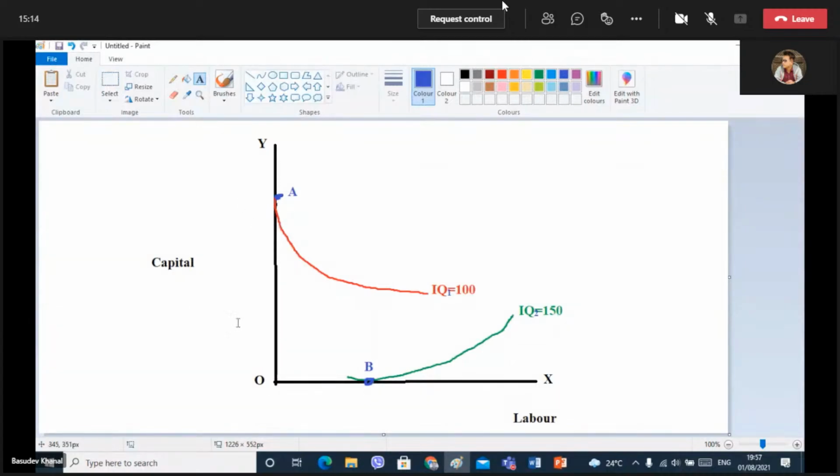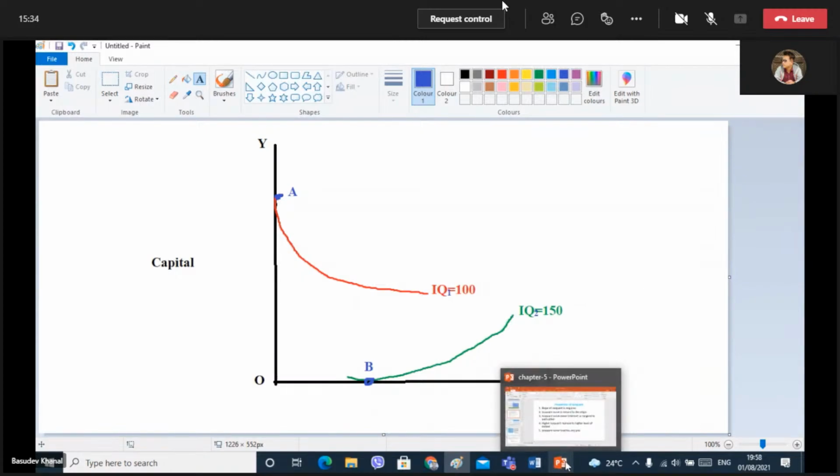In the B, capital is 0, because IQ1 touches the Y and X axis at the points A and B respectively, which is not possible, because without using capital we cannot produce at point B, and without using labor we cannot produce at point A. That's why the IQ never touches any axis.